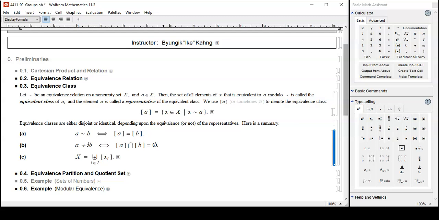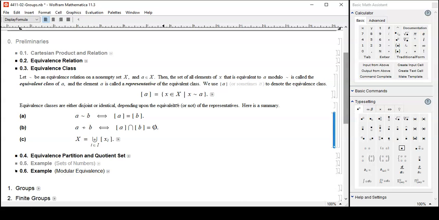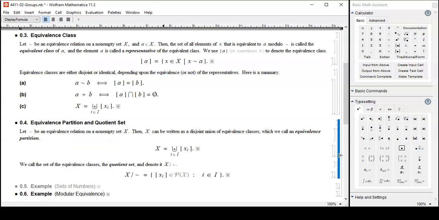So we have this special set of properties for equivalence classes. Equivalence classes are either identical or disjoint. So if I union them all, then dropping all those duplicates, we get a partition, which we call an equivalence partition.